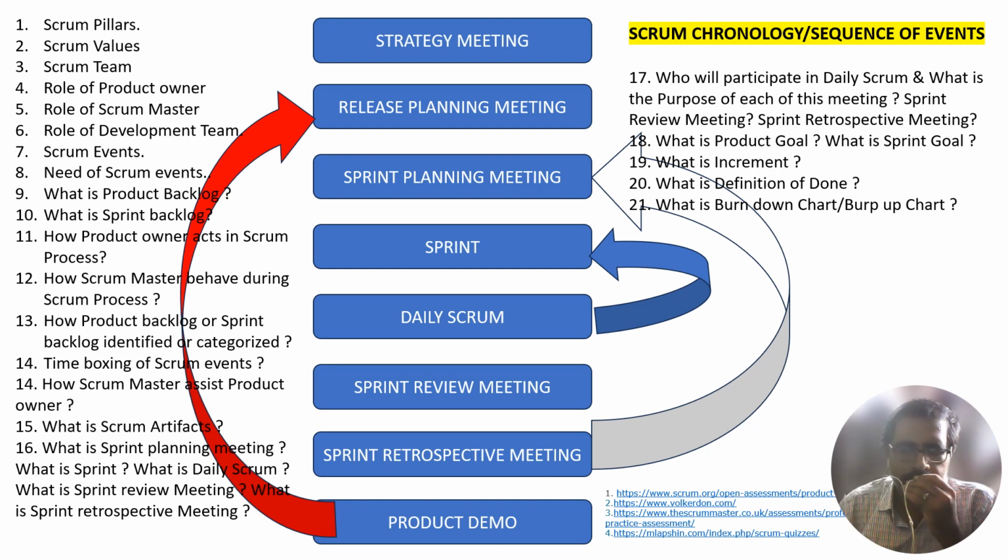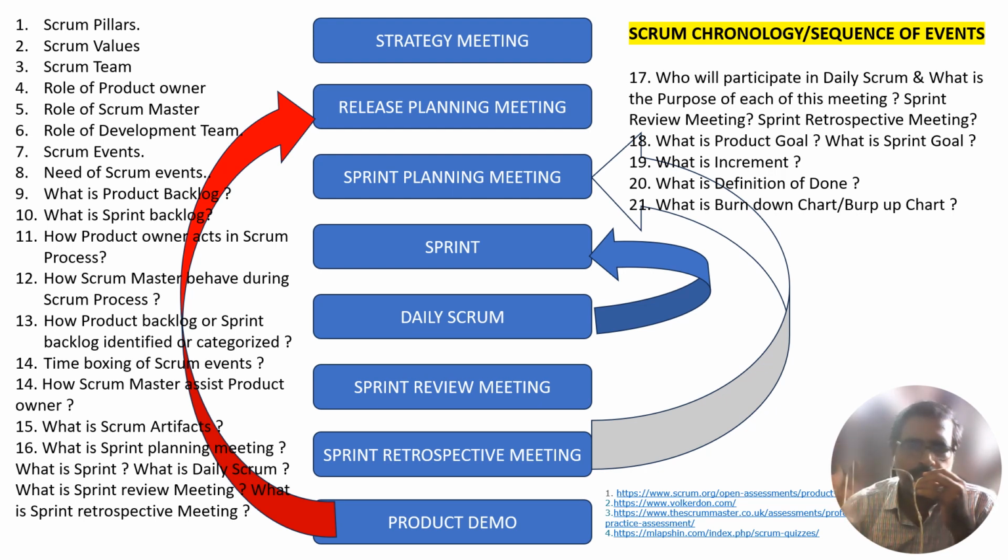So no changes are made that would endanger the sprint goal, and second, quality does not decrease, that is important. Third, the product backlog is refined as much as needed and required. Fourth, scope may be clarified and renegotiated with the product owner as more is learned.